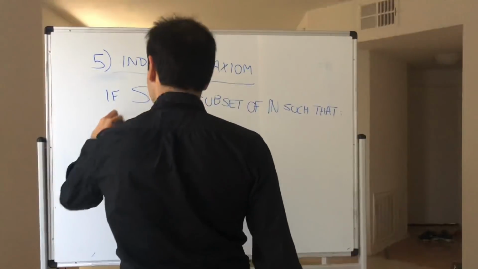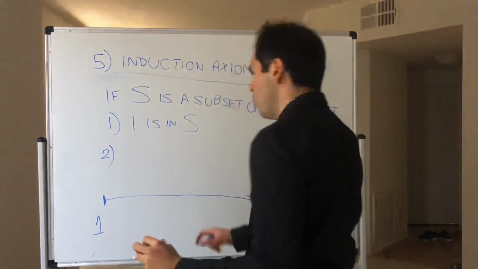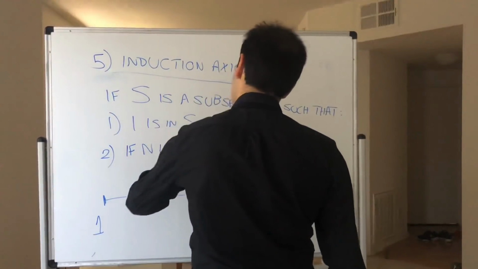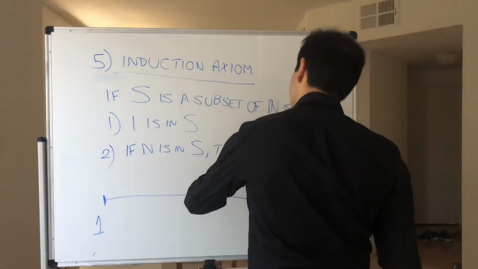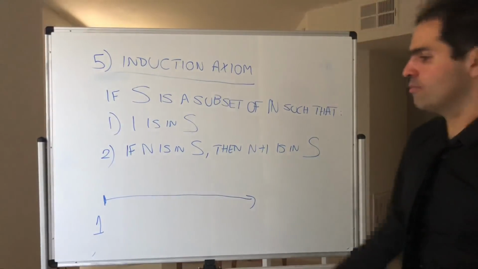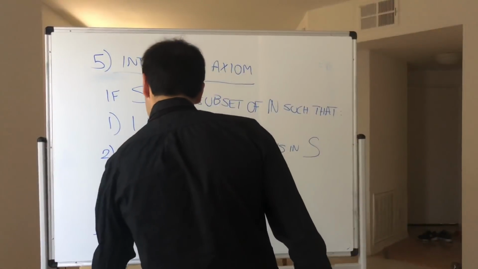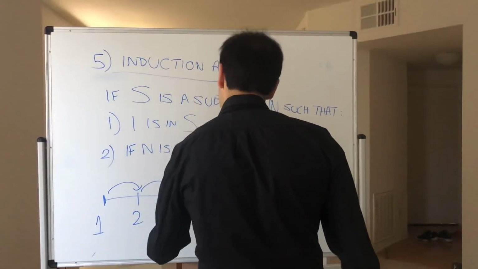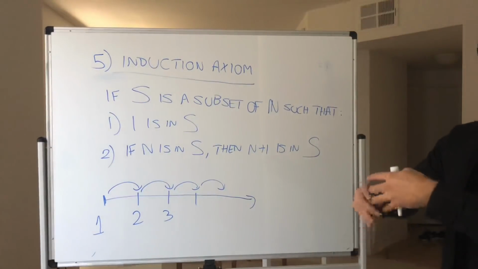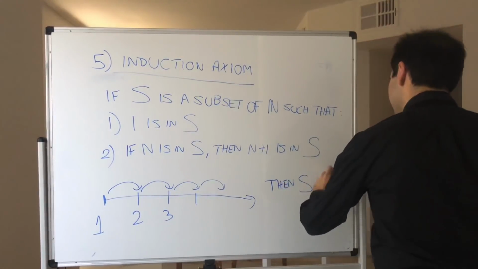First of all, 1 is in S. So 1 is in S, and moreover, whenever a number is in S, then its successor is in S. So if n is in S, then n plus 1 is in S. Again, just like the situation we talked about a couple of minutes ago. 1 is in S, therefore 2 is in S, therefore 3 is in S, etc., etc. Well, what the induction axiom says is that S is really all of the natural numbers. So then S equals N.